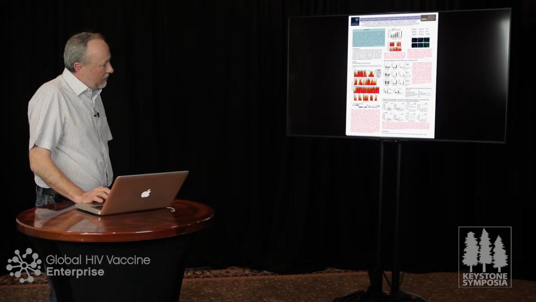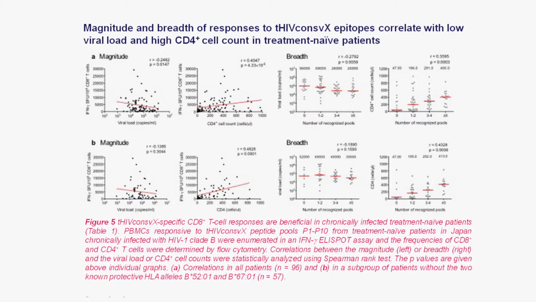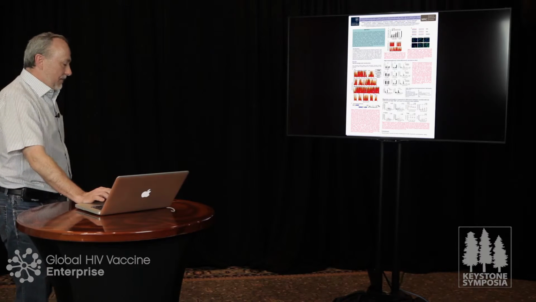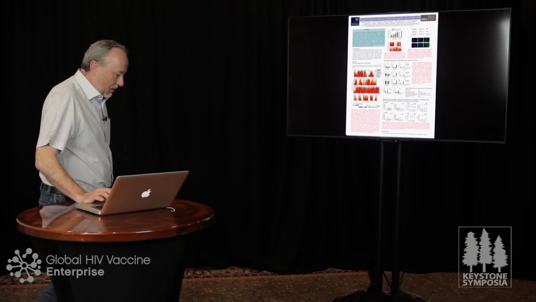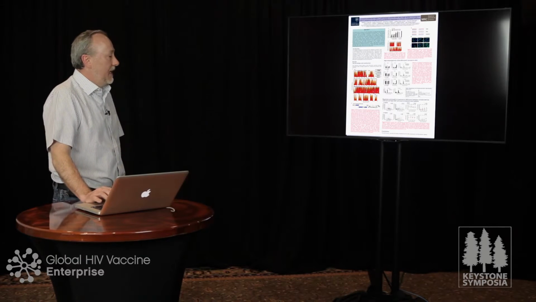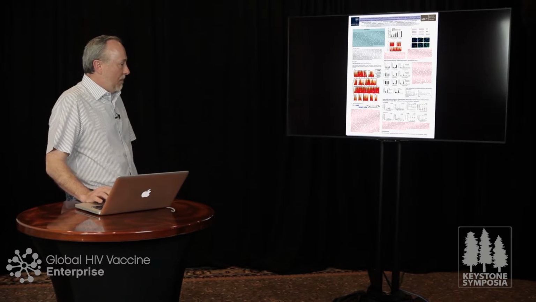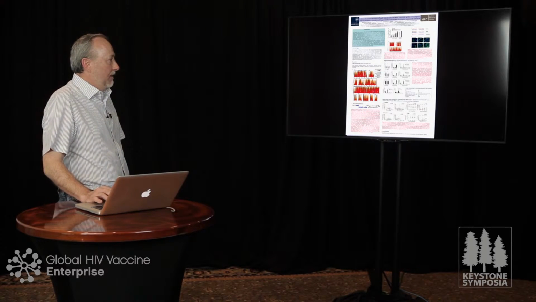The last part of the poster demonstrates that we are indeed trying to induce useful immune responses. So we went to a cohort of treatment-naive patients in Japan, and we have tested their immune responses in ELISpots to peptides derived from our immunogen.